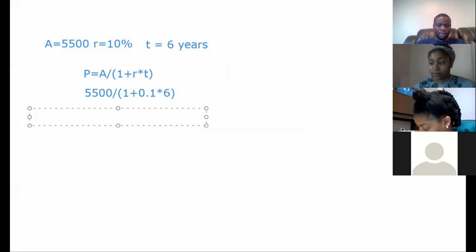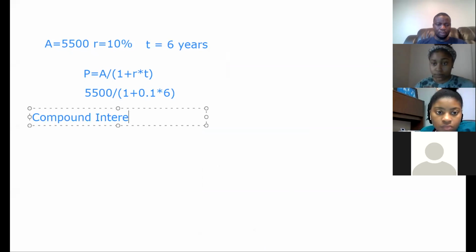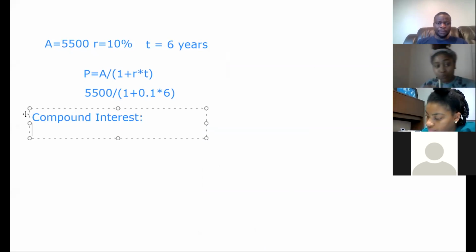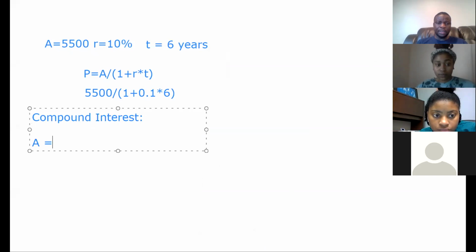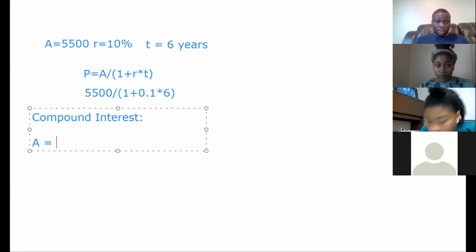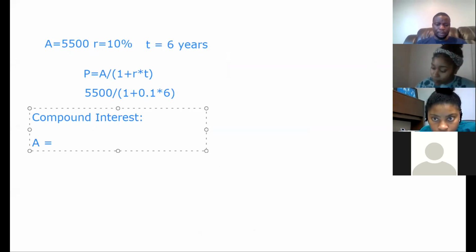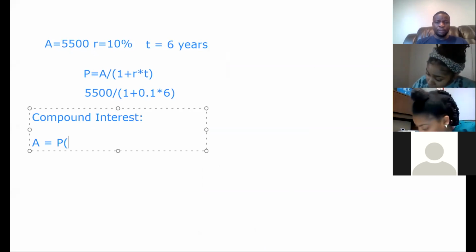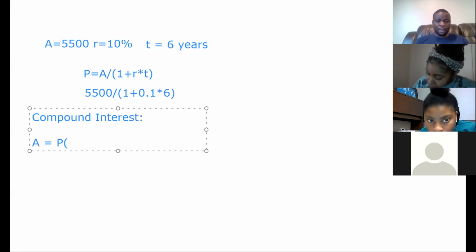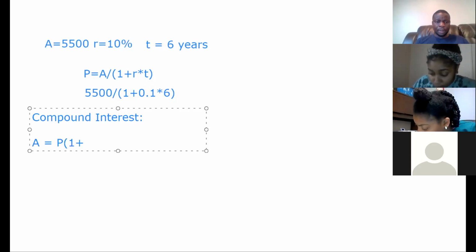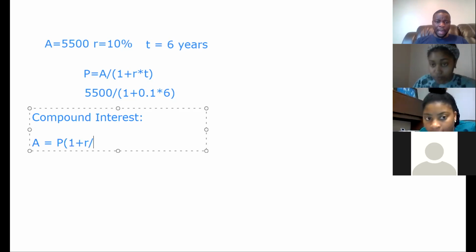So for compound interest, future value A is equal to P, open parentheses, 1 plus R divided by N, close parentheses.